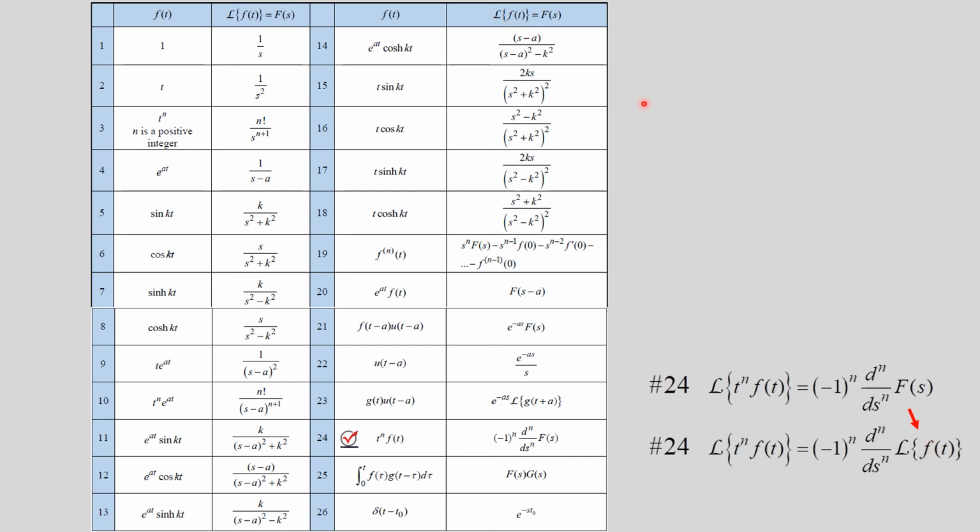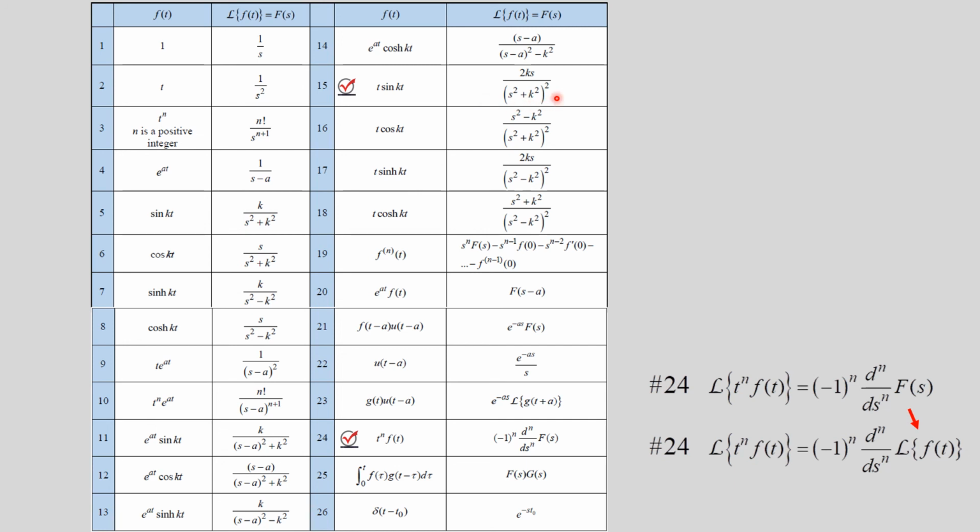We also solved a problem in the previous slide, and that is the Laplace transform of t sine kt, and you notice that the answer is placed in this table of Laplace transforms. Look at formula number 15, the Laplace transform of t sine kt, which we have solved, and the answer is 2ks divided by s squared plus k squared everything squared.